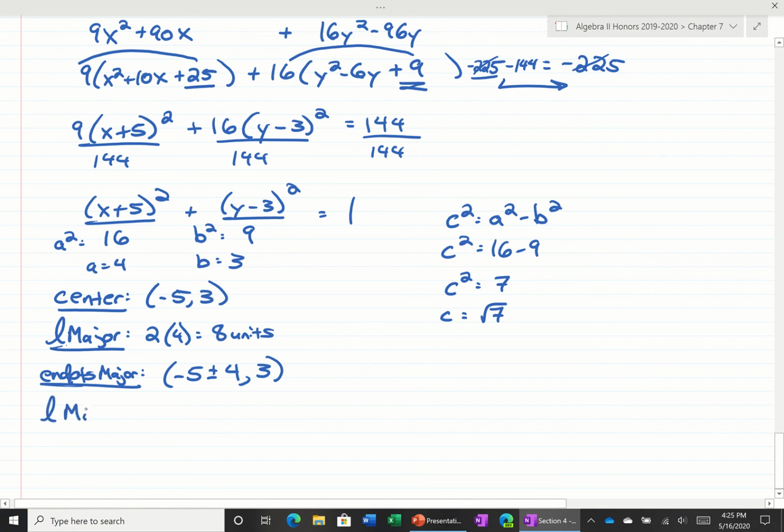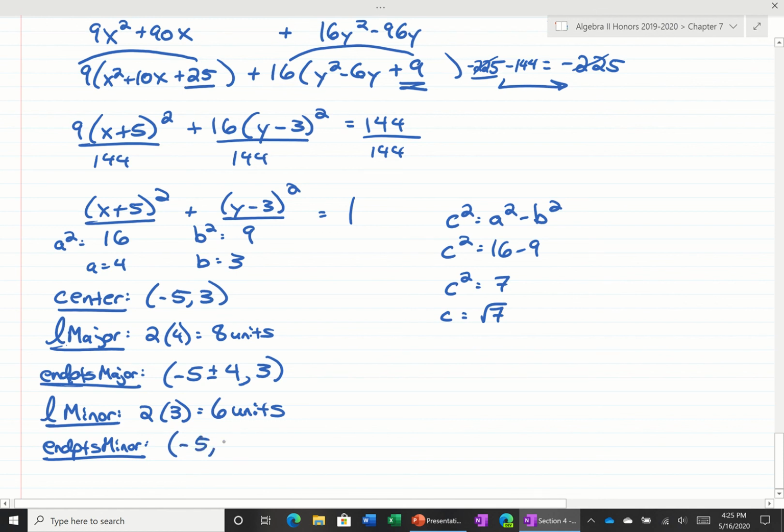We'll talk about the length of the minor axis. Length of the minor axis would be 2 times 3, or 6 units. The endpoints of the minor would be, because it's horizontal, the endpoints of the minor would be going vertical.